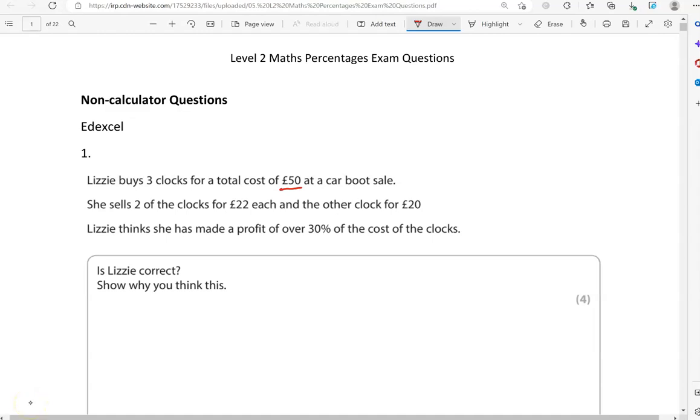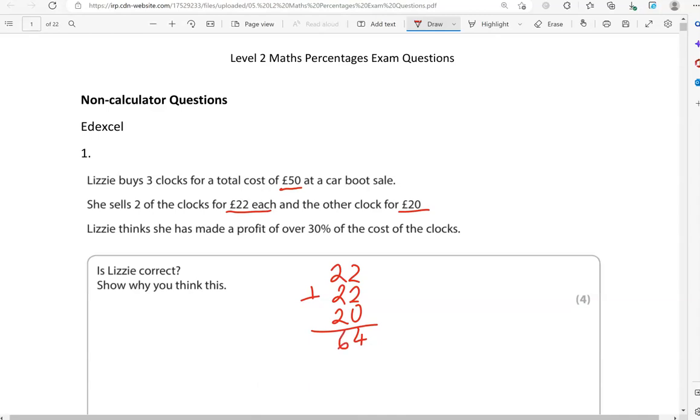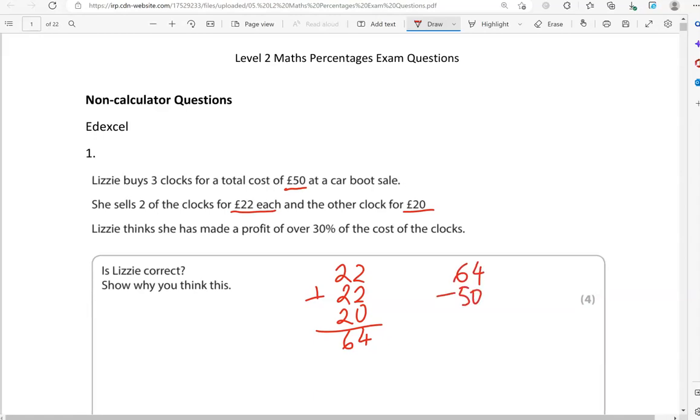So she bought them for £50 and she sold them for 22 and 22, because it's 2 clocks for £22 each, and a third one for 20. So 22 and 22 is 44, plus 20, so she sold them for £64. The profit is 64 take away the 50, which is £14.